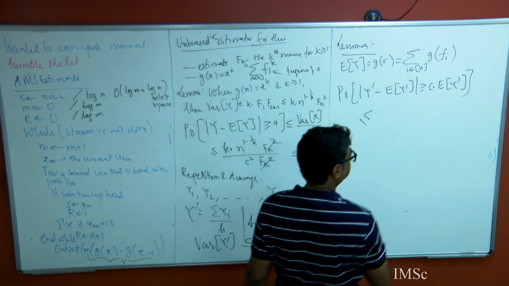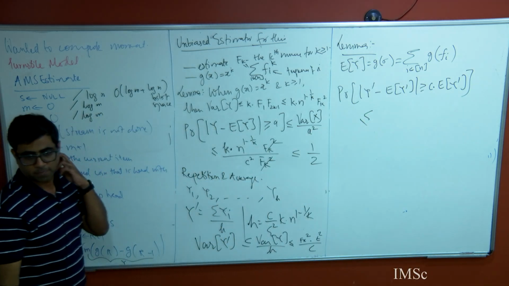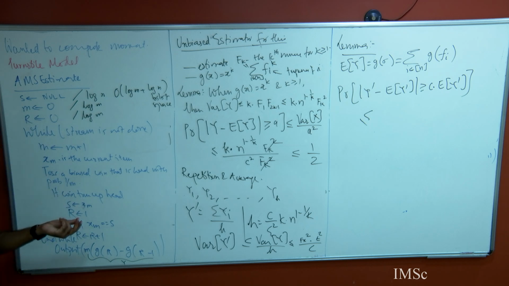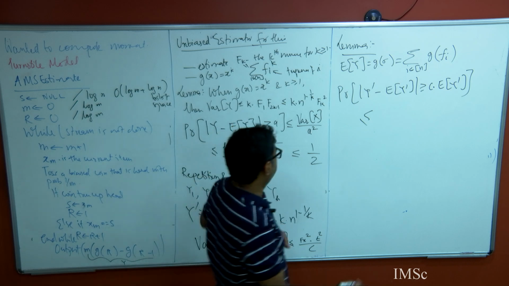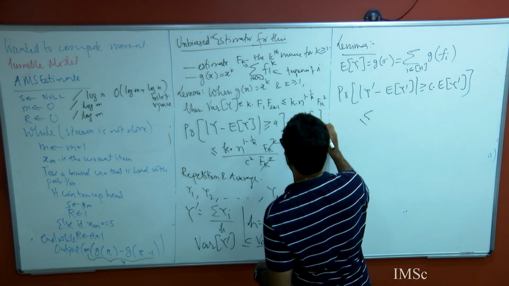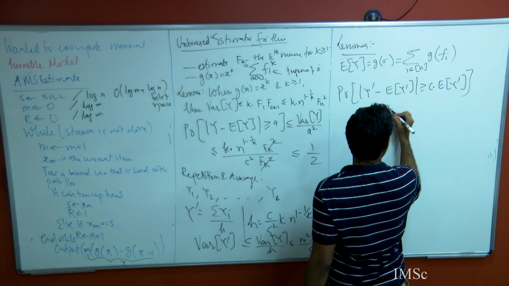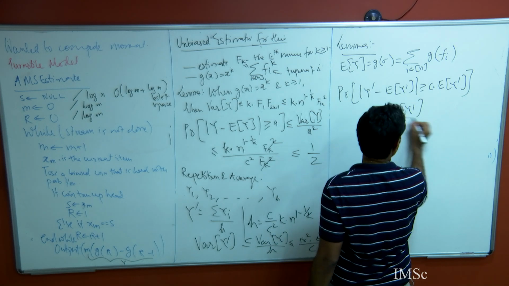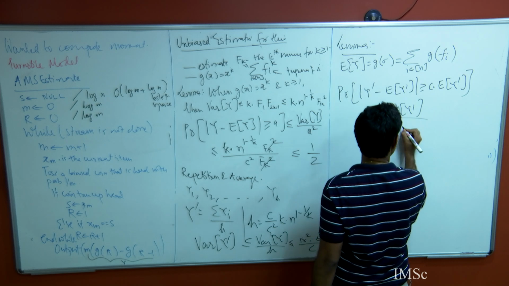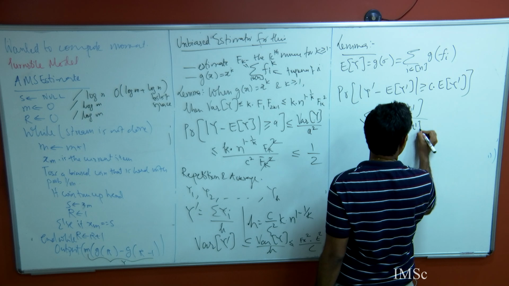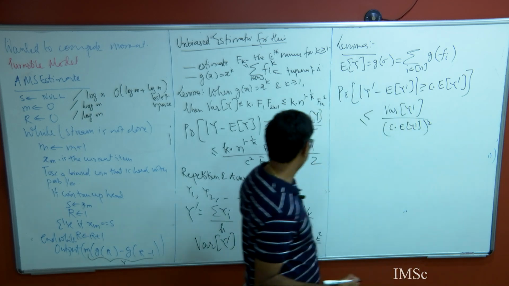It is less than or equal to, by Chebyshev, variance of y prime divided by c times expectation of y prime whole square.